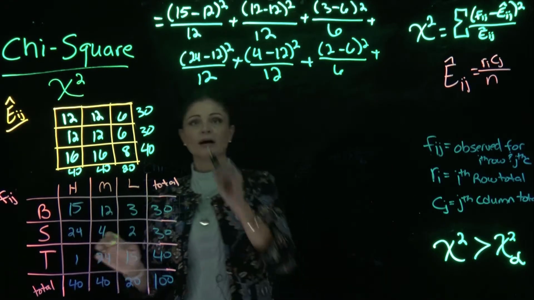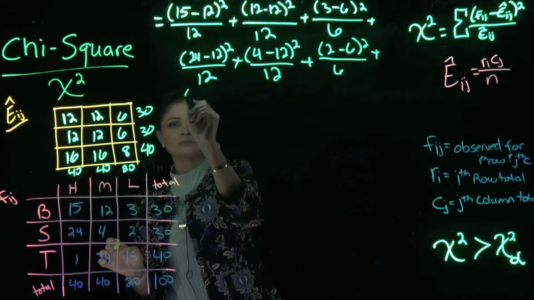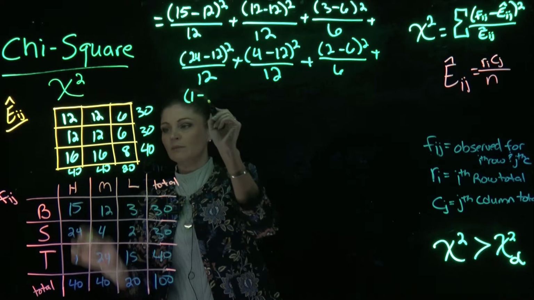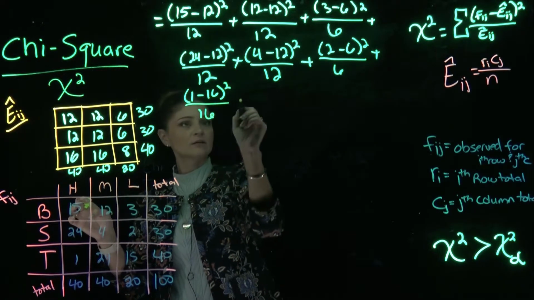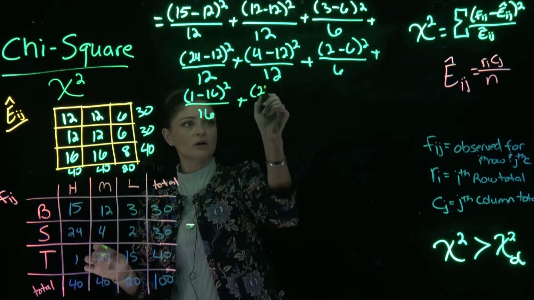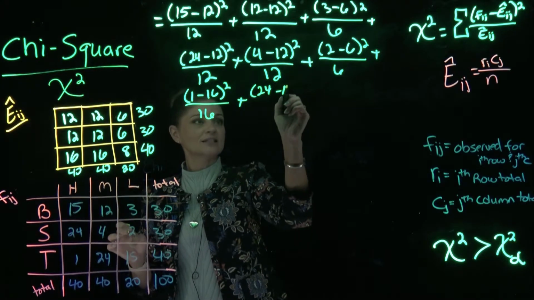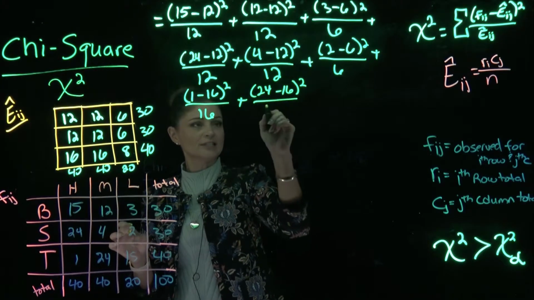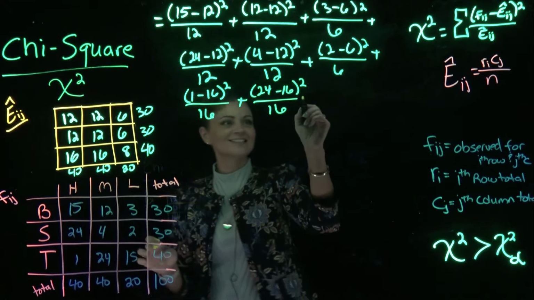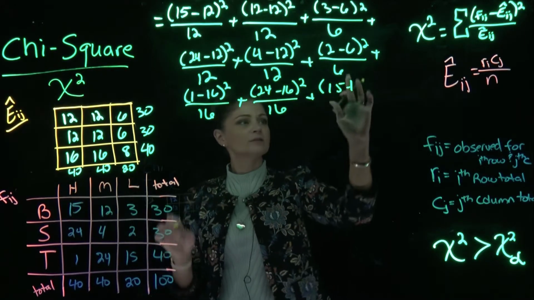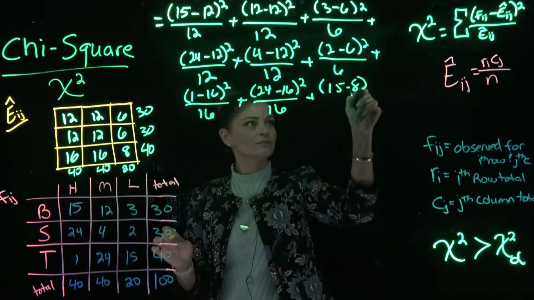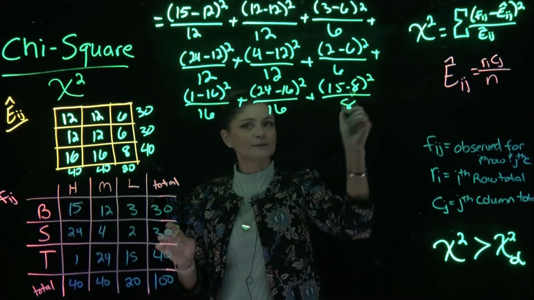I'm going to repeat it for the bottom row as well. 1 minus 16 squared over 16 plus 24 minus 16 squared over 16, and then we have 15 minus 8 squared over 8.